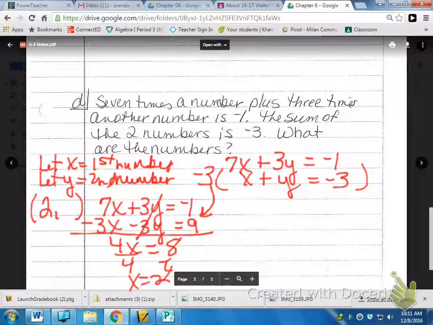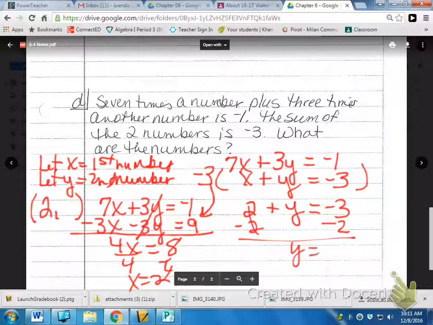I'm going to go into this bottom one and put 2 in for x. 2 plus y equals negative 3. Subtract 2. y equals negative 5. My solution, the two numbers are 2, negative 5. I wrote it as an ordered pair. There's nothing wrong with that. You could say the numbers are 2 and negative 5, however you want to do it.